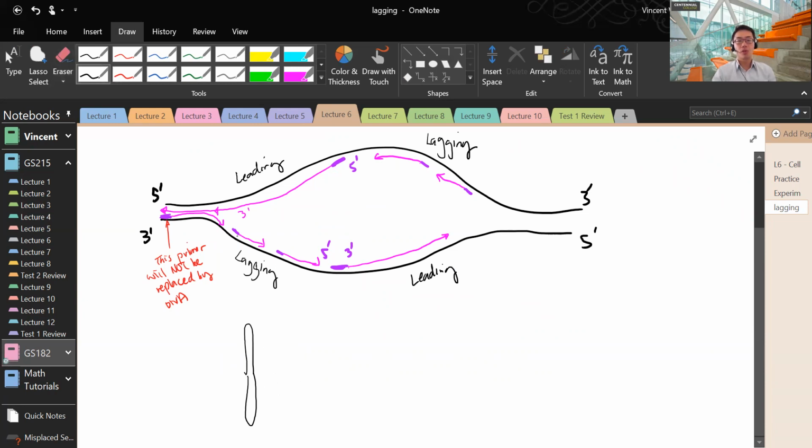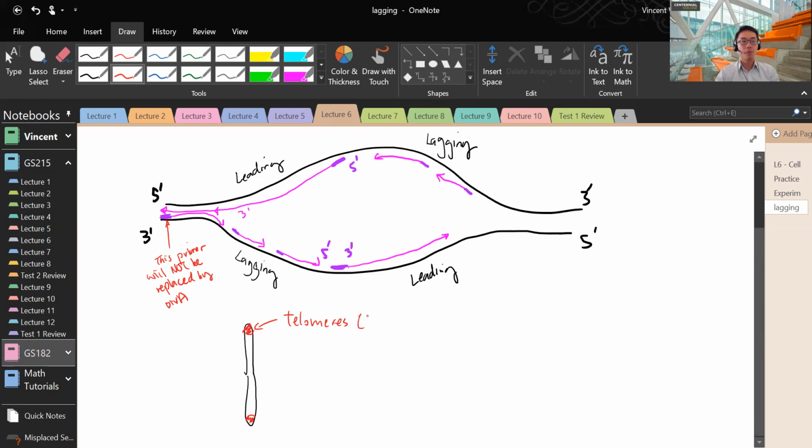If it gets shorter and shorter, we're going to lose critical genetic information. So to prevent the loss of crucial genetic information, you're going to have special non-coding DNA at the end. Those are called telomeres. Okay, so instead of the actual genetic material getting truncated, you are just going to be losing telomeres every time.